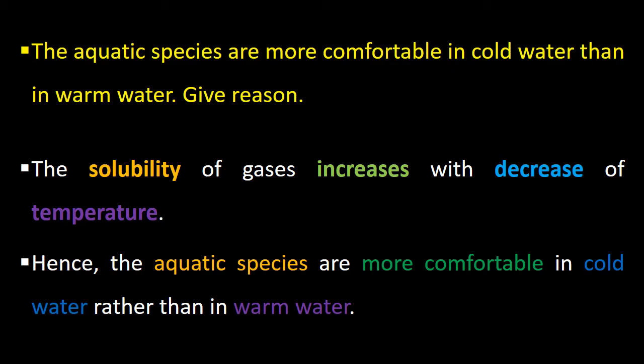Because in cold water there will be a sufficient amount of oxygen gas dissolved, but in warm water, since there is a high temperature, there will be only a small amount of oxygen dissolved, which makes aquatic species feel suffocation.